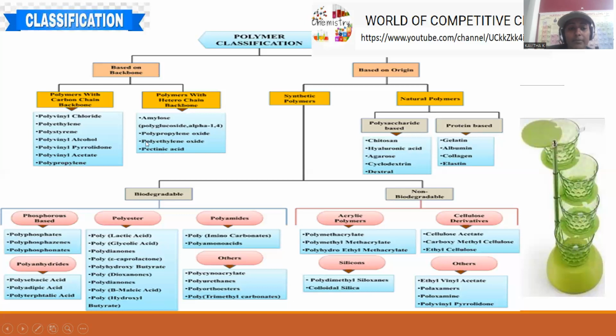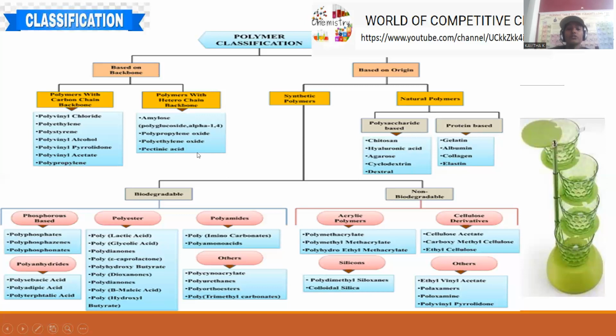Another heteroatom backbone chain is polypropylene oxide, where again the heteroatom is oxygen. Polyethylene oxide too: along with carbon, other heteroatoms are also part of the backbone of the polymeric chain. In all these cases, oxygen is the heteroatom you can find.